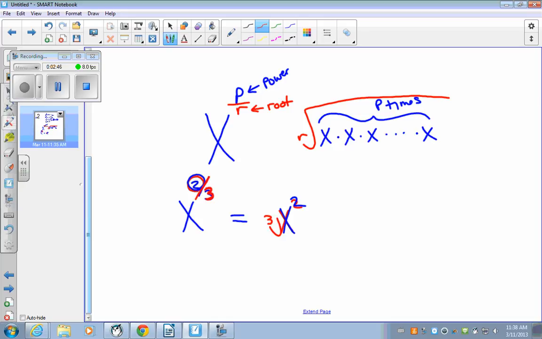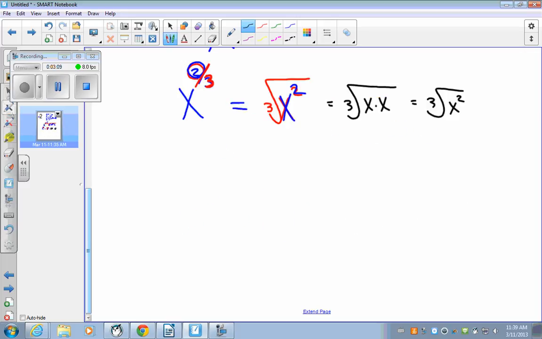So I'm going to take the cube root. So that bottom number is always the root number, and the number in the numerator is always the power number. This one can't be simplified any further because I have the cube root, but I only have x times x in there, depending on what x is. If I'm just talking about x as a variable, nothing else I can do with that.